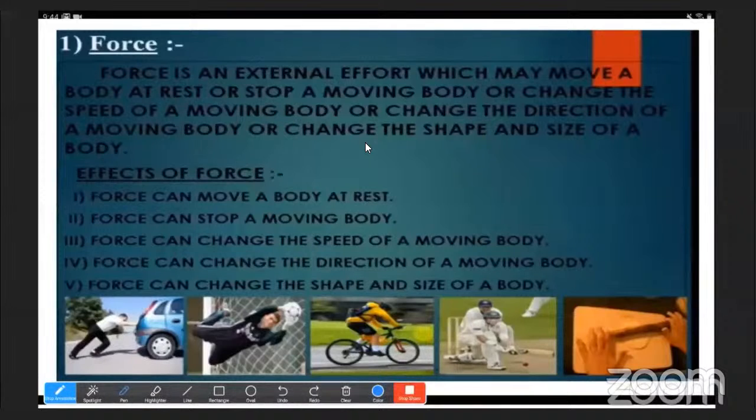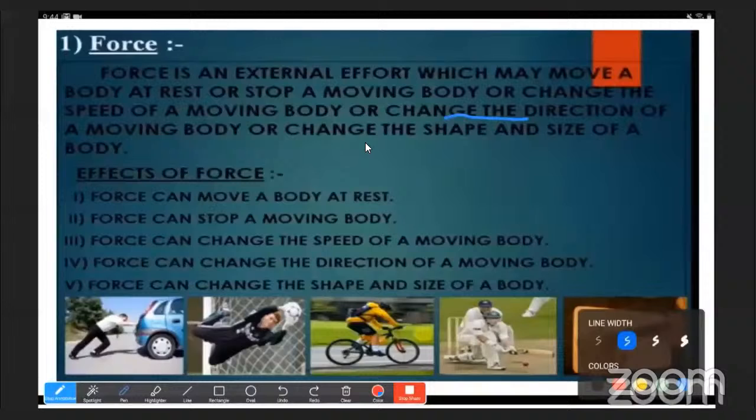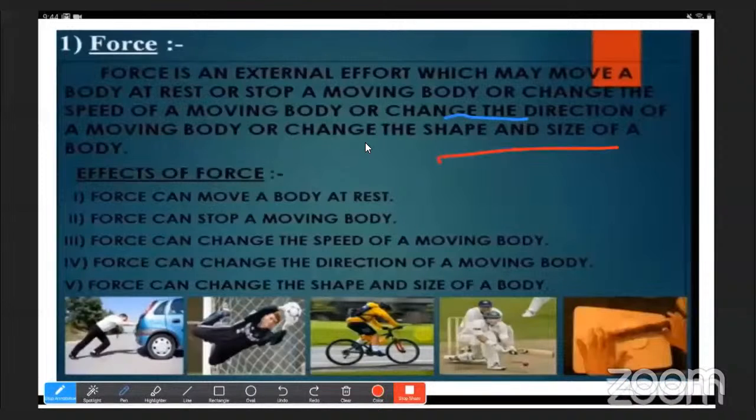Force is an external effort which may move a body at rest or stop a moving body or change the speed of a moving body or change the direction of a moving body or change the shape and size of a body.